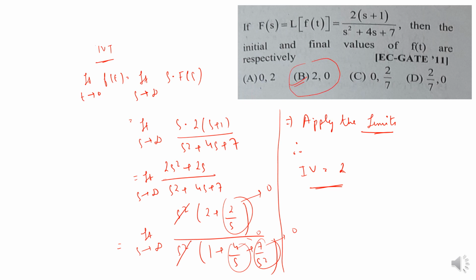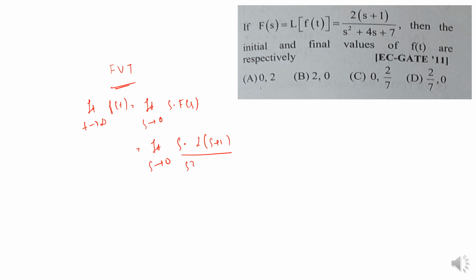Now we will find the final value for this as well. Now we'll see the final value theorem. Limit t tends to infinity of f of t is equal to limit s tends to 0 of s into F of s. So limit s tends to 0 of s into F of s is (2 into (s plus 1)) by (s square plus 4s plus 7).